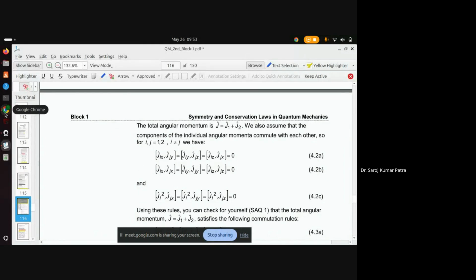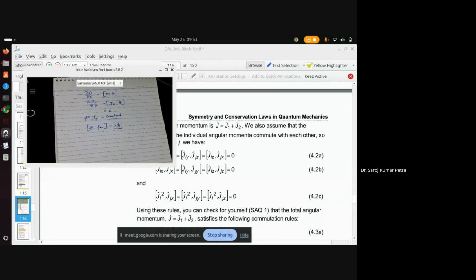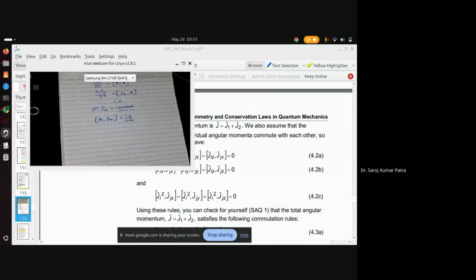अगर J1x, J2x commutator is equal to 0, this implies what? J1x J2x minus J2x J1x is equal to 0.